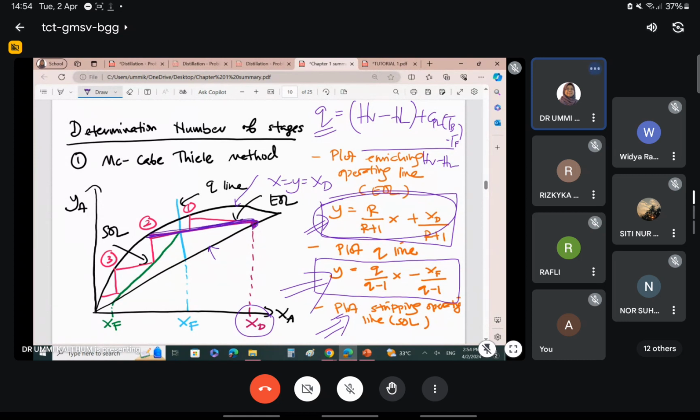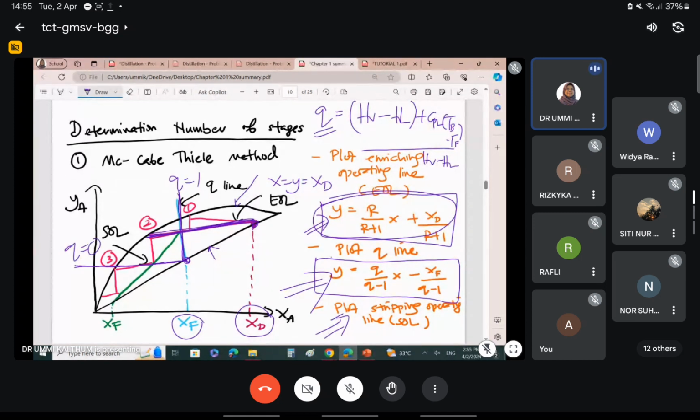Alright. Q line, if Q is 1, the Q line is a vertical straight line at XF. If Q is 0, it's a horizontal line at XF.